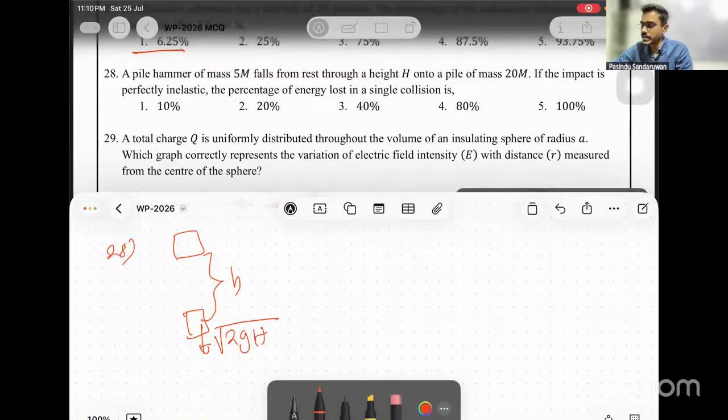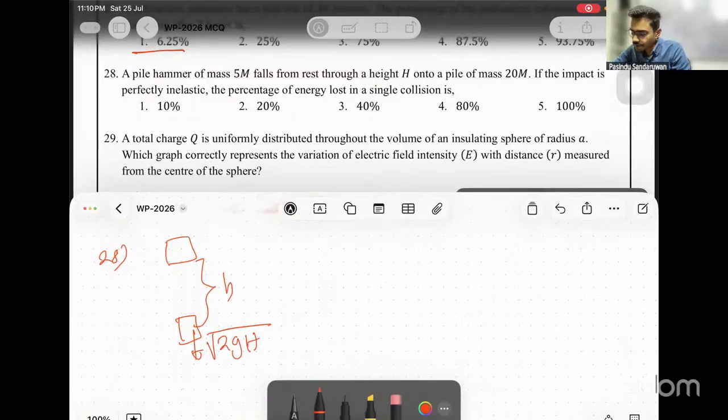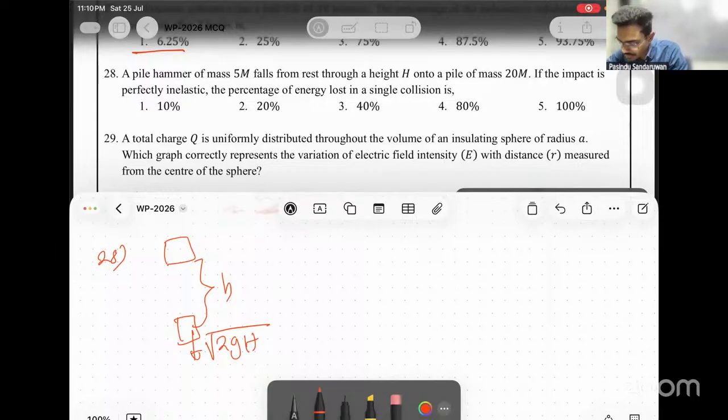It starts from rest. Perfectly inelastic means after the collision, these two are going to combine together.